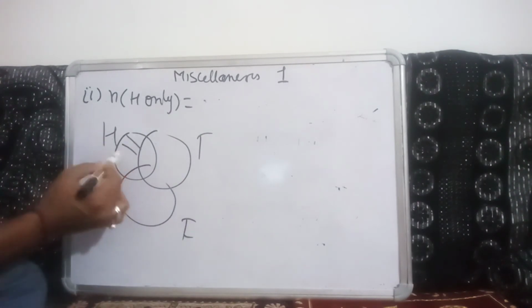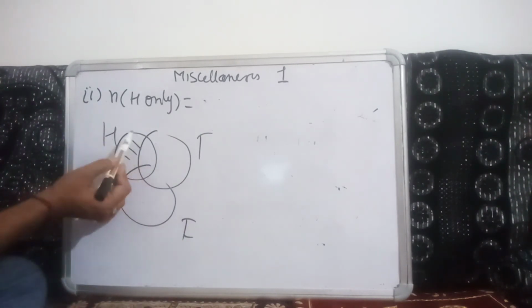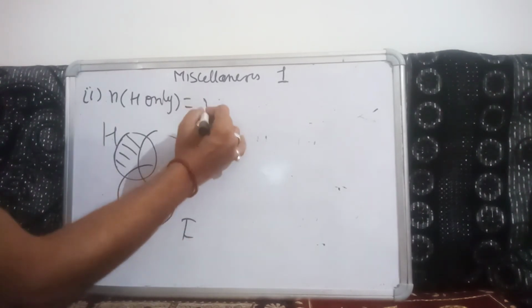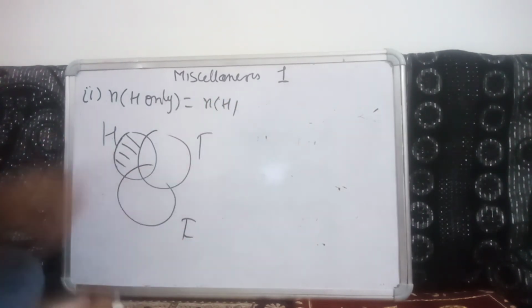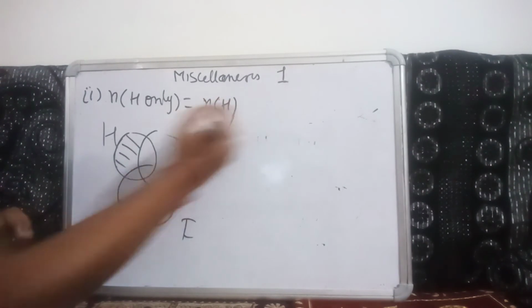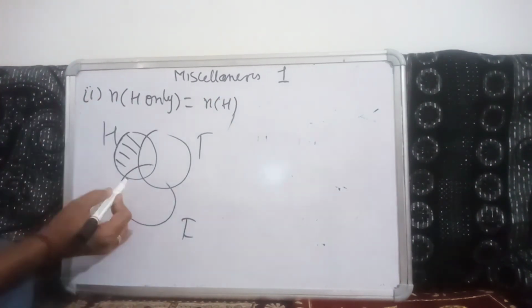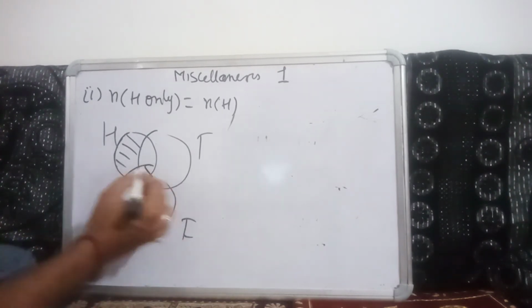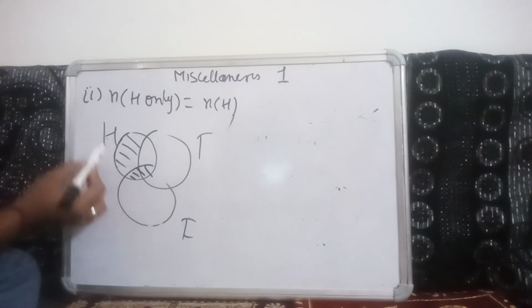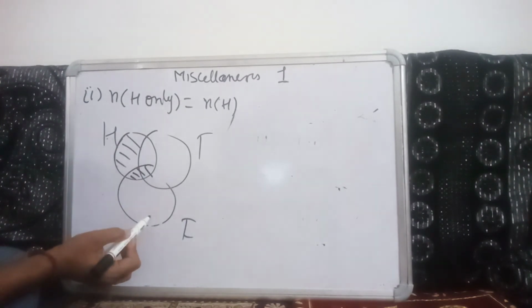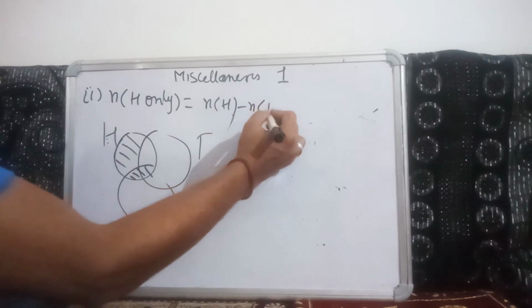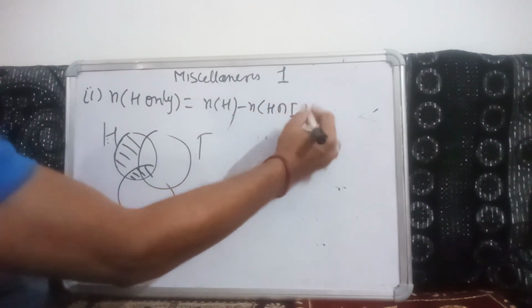Only this part means first you have n(H) from this. See here, from this total H you have to subtract this one, which is H and I, the common of H and I, the number of people in their common, right?